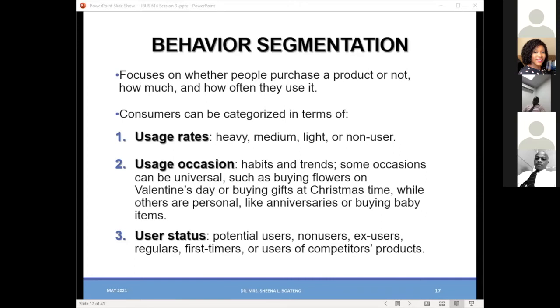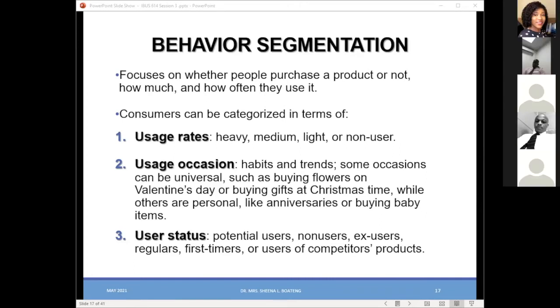But in the event that you are entering a new market where your regulars are not that many, you may have to look to other potential consumers in the other user groups. Priscilla, I hope that makes sense. Yes. And you also need to bear in mind that not all your regulars will be advocates.